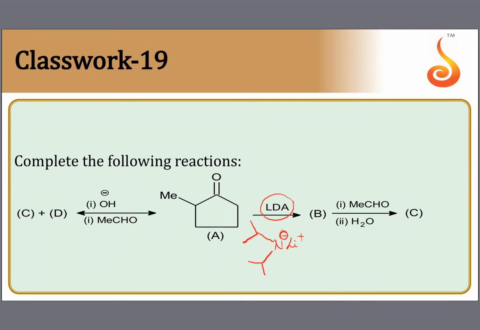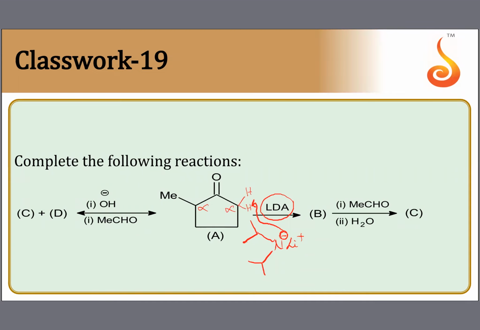So it prefers to take H plus from the less sterically hindered alpha carbon. Alpha hydrogen is acidic hydrogen, no? So LDA prefers to take alpha hydrogen from the less hindered alpha carbon.